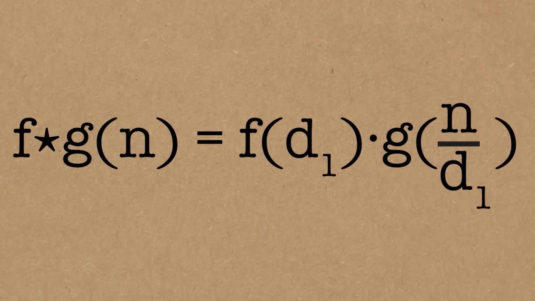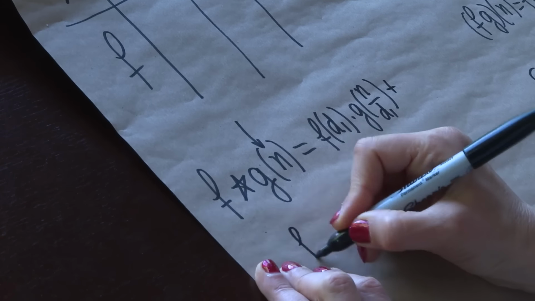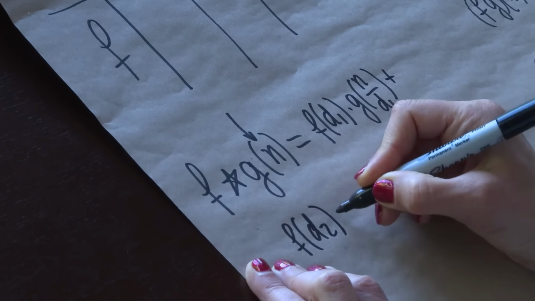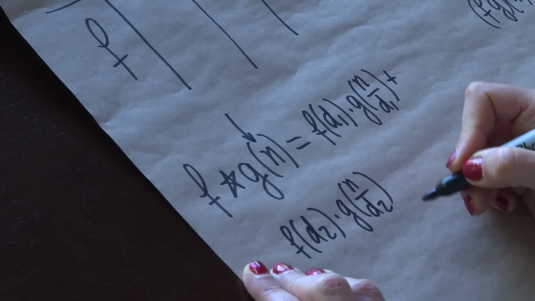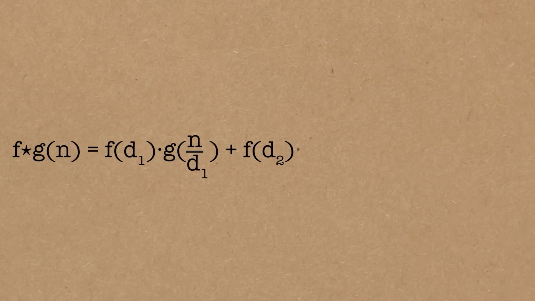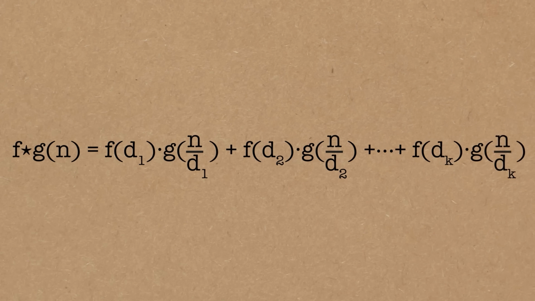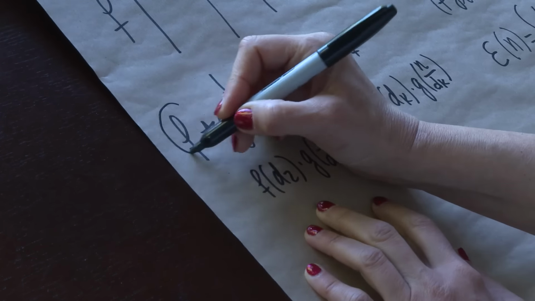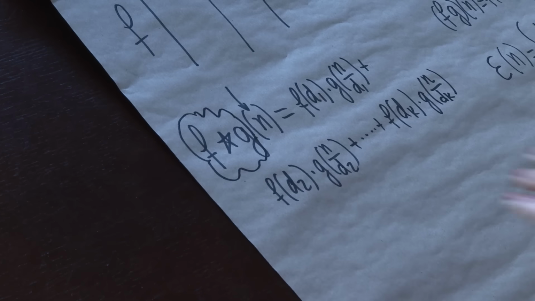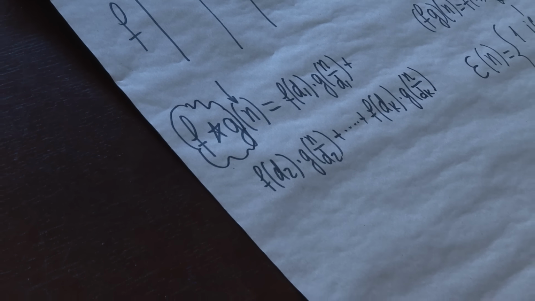That will also be a divisor of n. And then I'm going to keep feeding another divisor into the first function and the opposite divisor into g. Keep on going until I exhaust all of the divisors, and that will be a new function that we are calling this Dirichlet convolution.